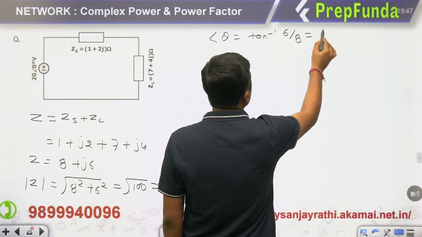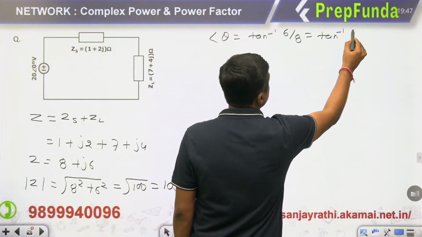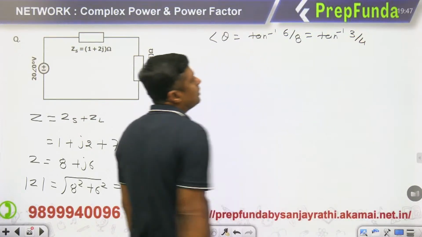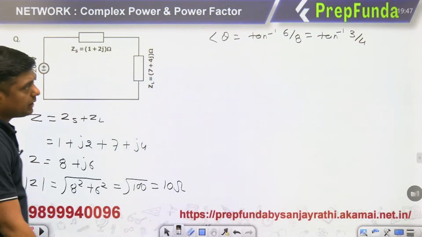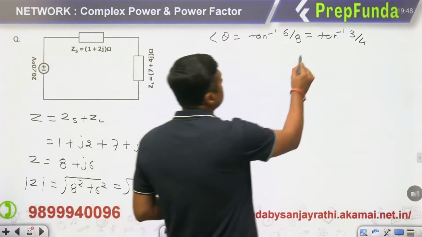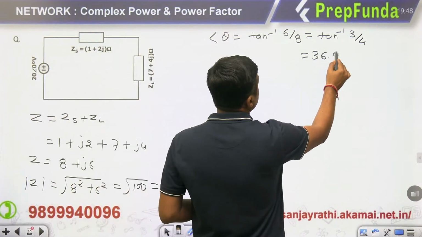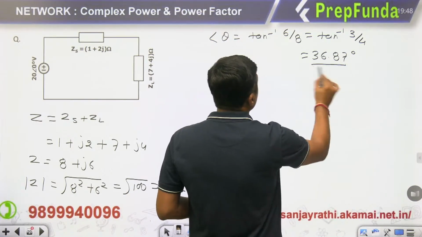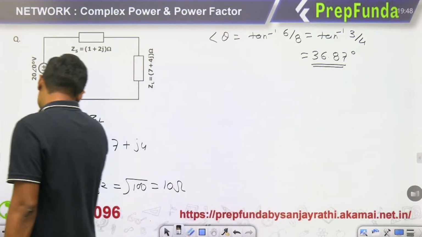Imaginary upon real. Now look, 3/4 means definitely it is less than 45 degrees, because it is less than 1. So the angle is 36.87.